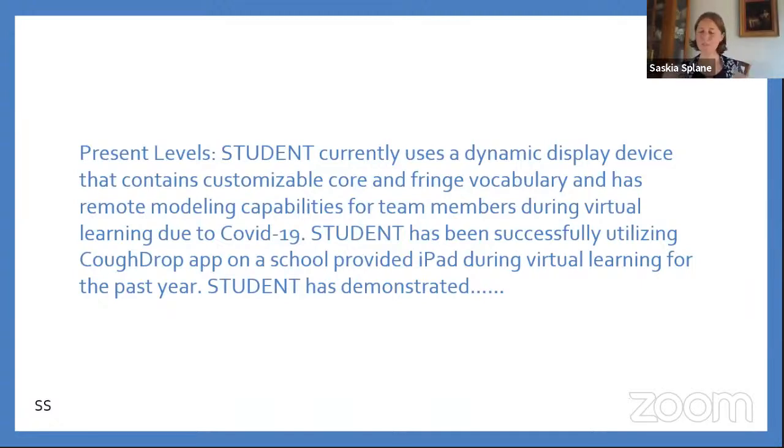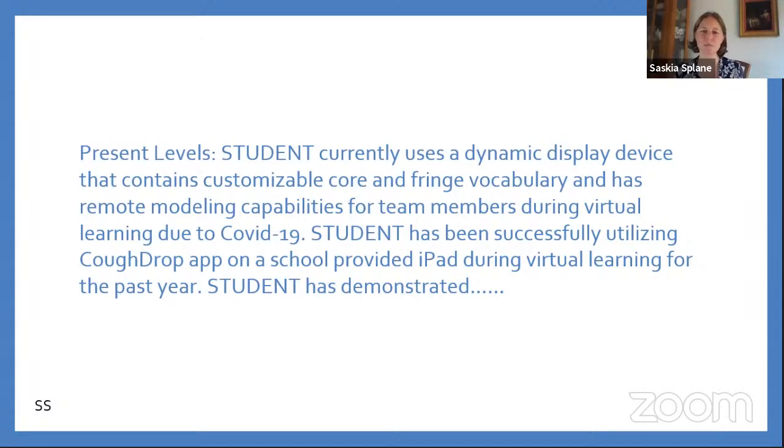All right. Well, first of all, I would check my Special Considerations Assistive Technology box, and state that AAC was needed and more information was in my present levels and goals. So for present levels, I have it written here: Student currently uses a dynamic display device that contains customizable core and fringe vocabulary and has remote modeling capabilities for team members during virtual learning due to COVID-19.